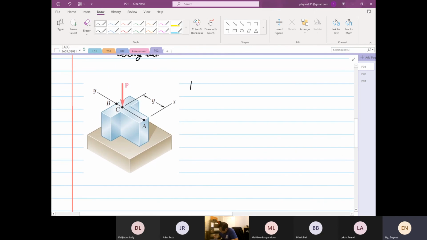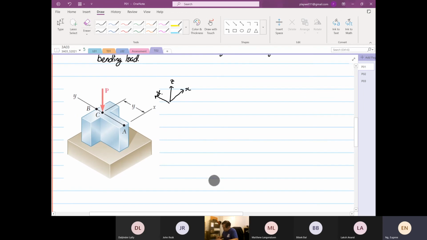So we know that this is our Z, using the right hand rule this is our X, and over here this is our Y. Before we find anything, we have to analyze first.